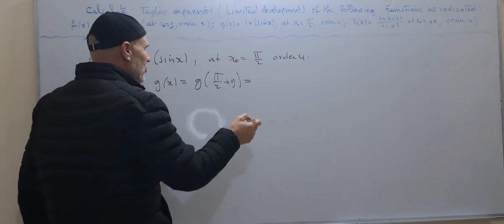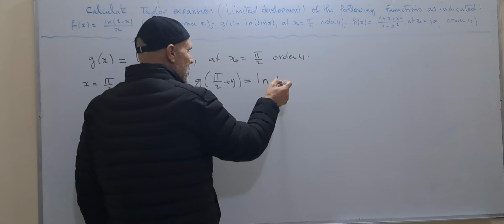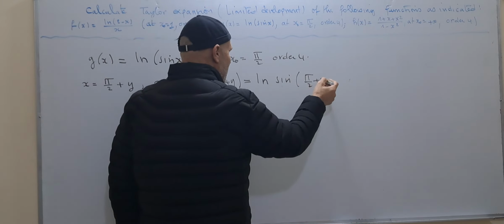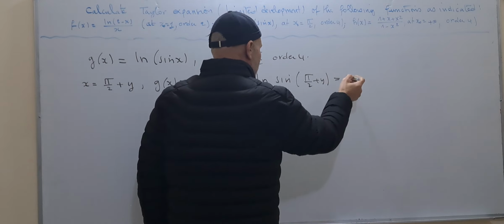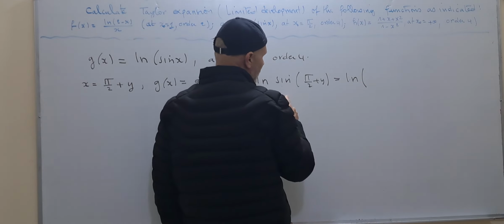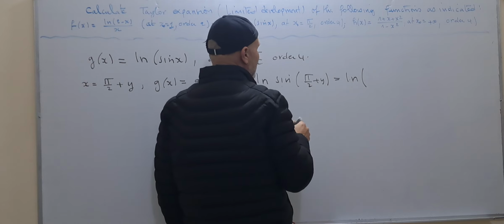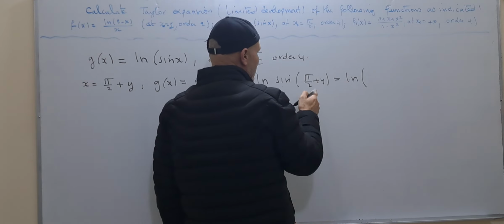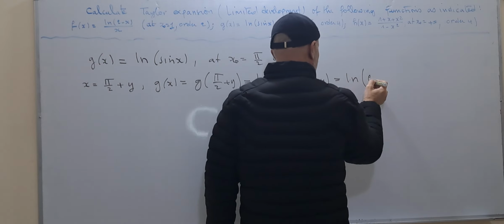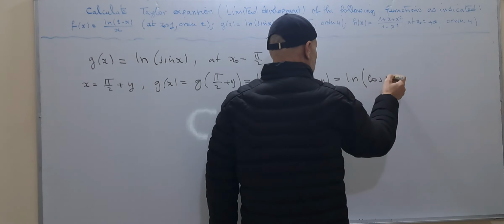This is equal to ln of sine of pi over 2 plus y, and this is equal to ln of sine pi over 2 times cosine y plus cosine pi over 2 times sine y. Sine pi over 2 is 1, cosine pi over 2 is equal to 0, and this is exactly ln of cosine y.